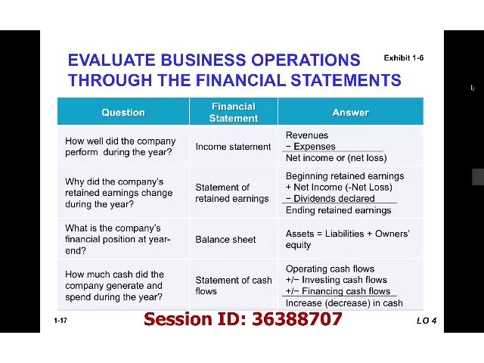So they all feed each other. They have to be prepared in that order, because your income goes to the statement of retained earnings, your ending retained earnings ends up on your balance sheet, and then your ending cash ends up on your statement of cash flows. So that's the order they go in as well. But this is a really good summary because it's going to give you a bird's eye view of the basic format of each of those statements.